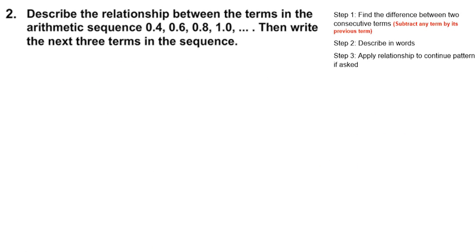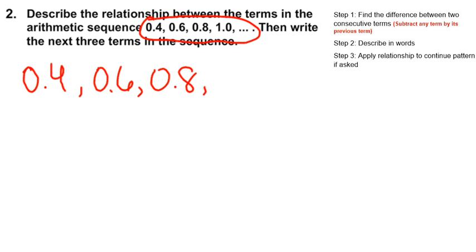All right. Now we're going to get into rational numbers. We're going to describe this pattern right here. So we have 0.4, 0.6, 0.8, and then 1.0. All we're doing now is subtracting any term minus its previous term. So we're looking at 0.6 here.